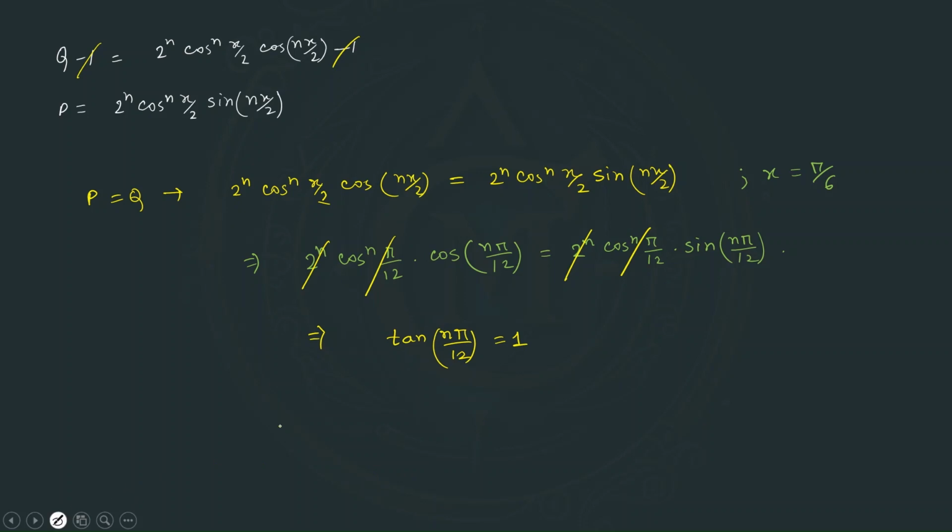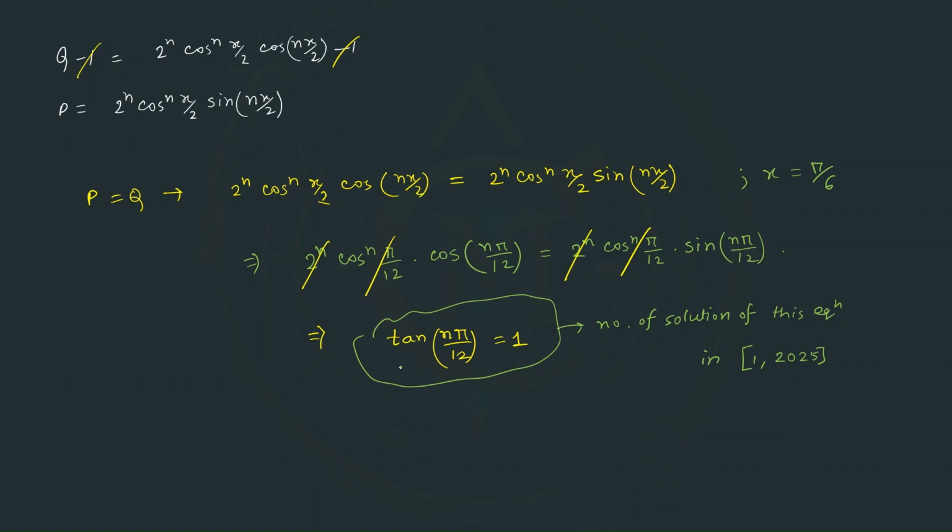So we have to find the number of solutions of this equation in 1 to 2025. Now how to find the solutions? We can use the general form of solution of a trigonometric equation.